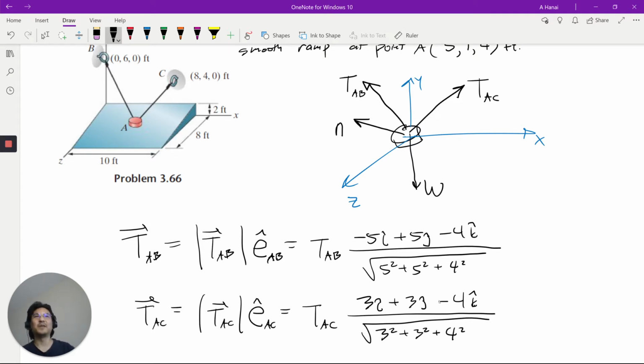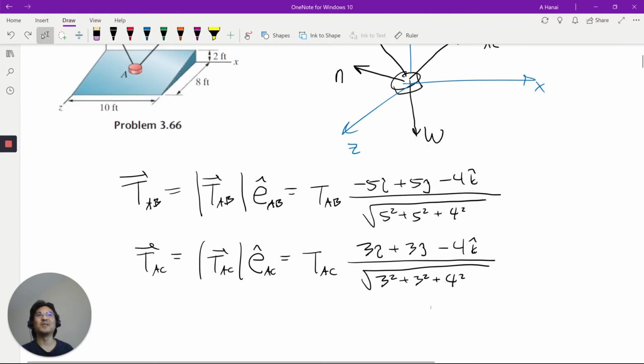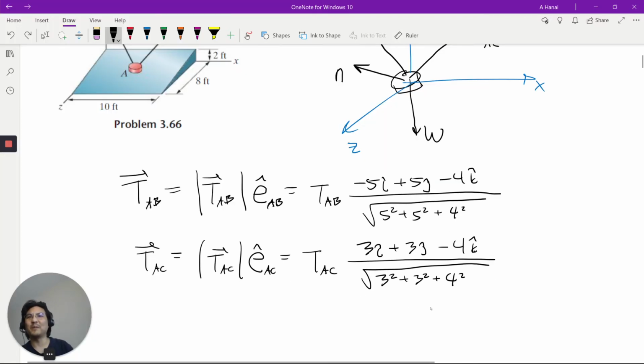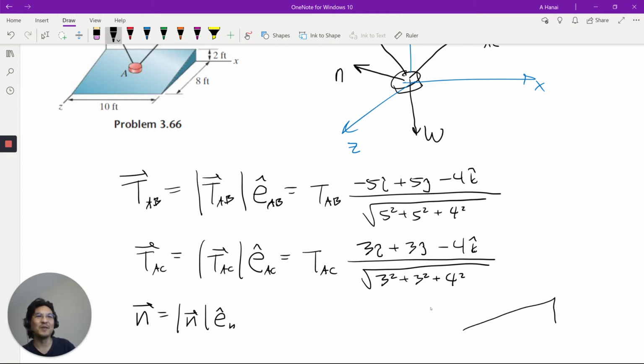Alright, how about this normal? So it's normal to the ramp, so we don't know the magnitude, but the unit vector normal to the ramp, if you look side view, like if this way is Z and this way is Y, right, then the normal force is this way, normal force.